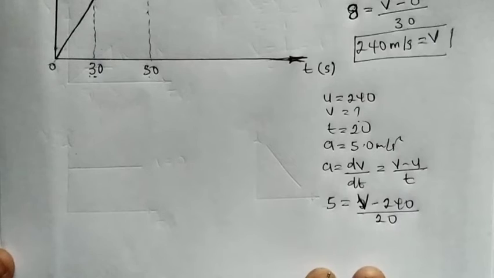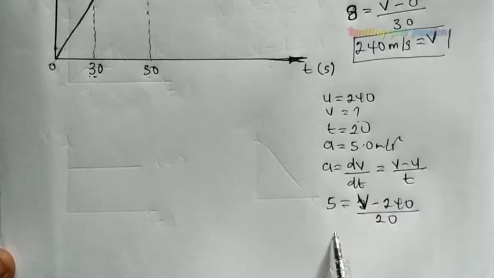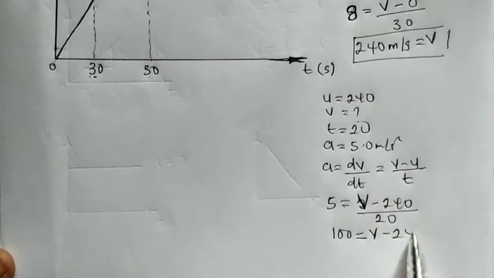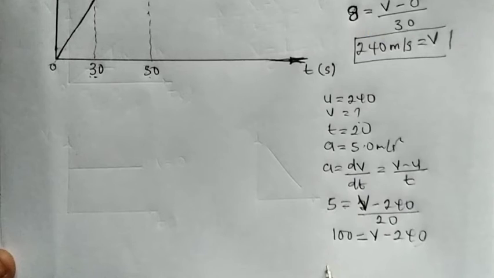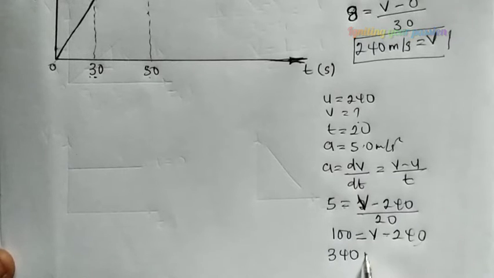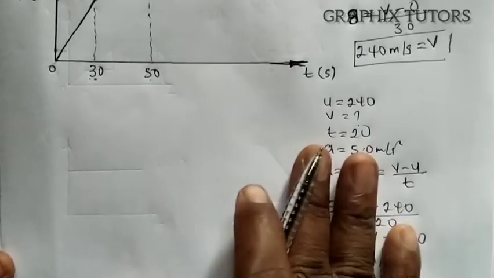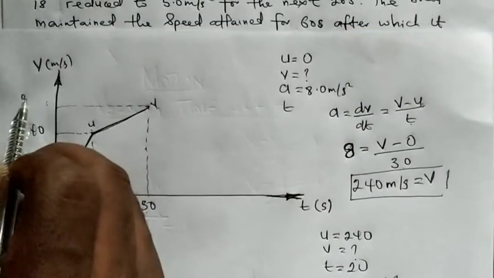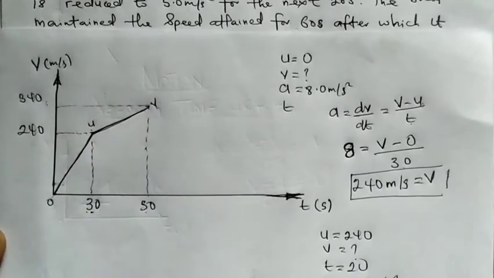So if I cross multiply, 20 times 5 is 100, equals V minus 240. If I take 240 to this side, we'll have 340 because the minus will turn to plus. You add it to the 100, we have 340 meter per second, and that is our V. So at this spot, our V is 340 meter per second, right?